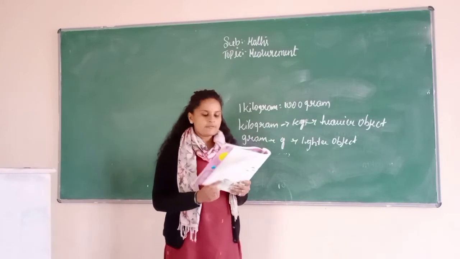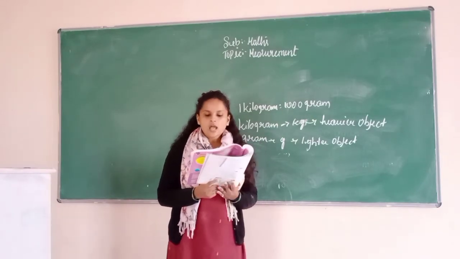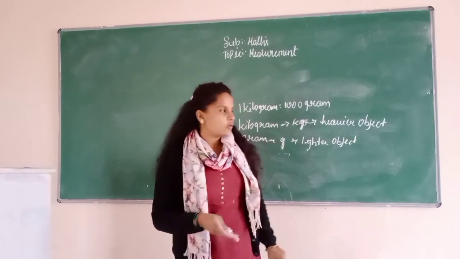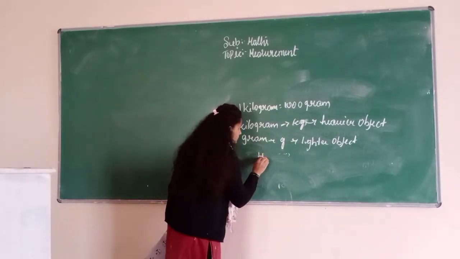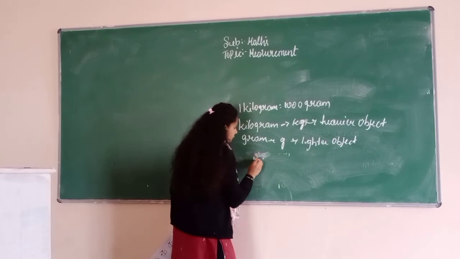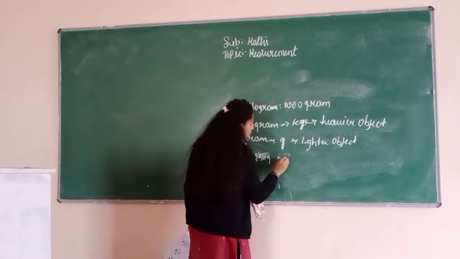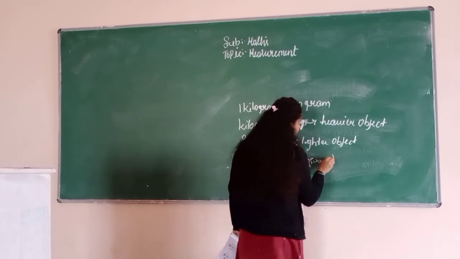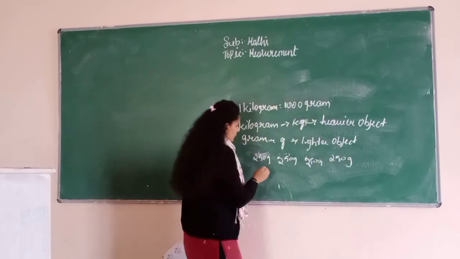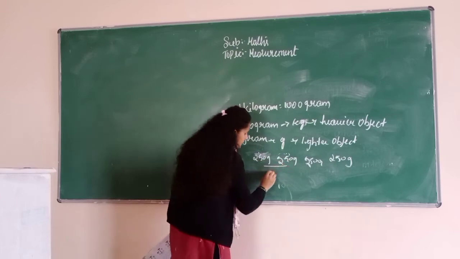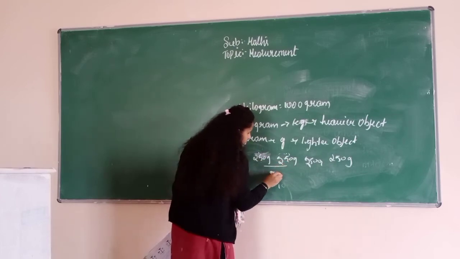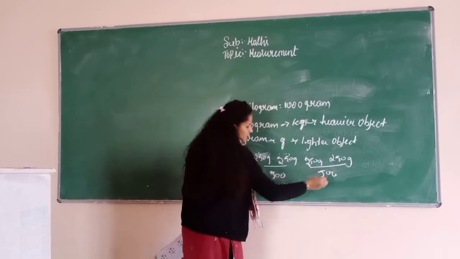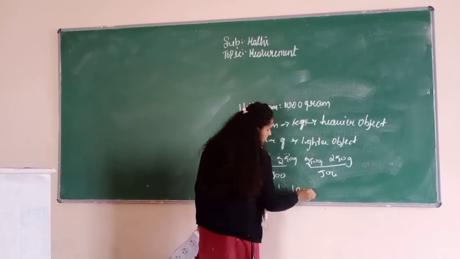If we have 250 grams weights, how many 250 grams to make 1 kg? 4 of 250 grams. 250 plus 250 is 500. 500 plus 500 is 1000 grams.